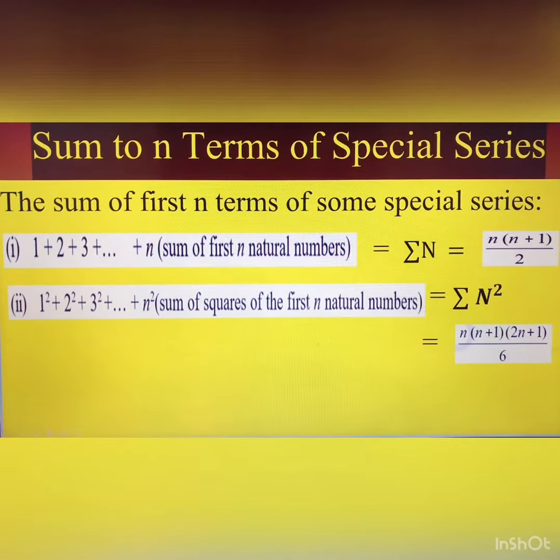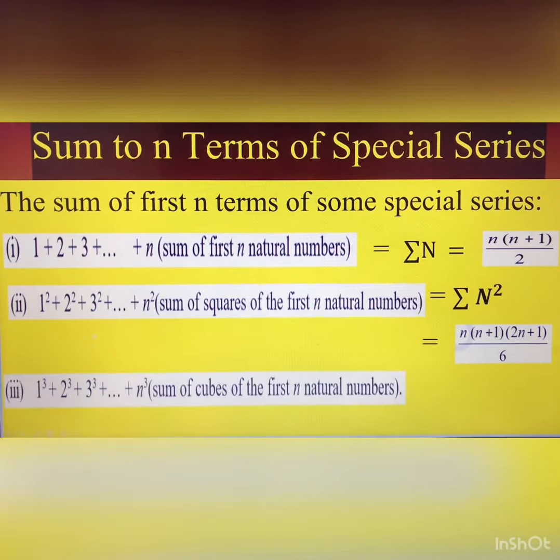You will use this for the sum of this type of series. But if the series is given in this form, that is the cubes of the numbers, 1 cube plus 2 cube plus 3 cube and so on up to n cube, that is the sum of cubes of the first n natural numbers, sigma n cube, then you will use this formula, n into n plus 1 whole square divided by 4, meaning the square of this whole thing you will get.